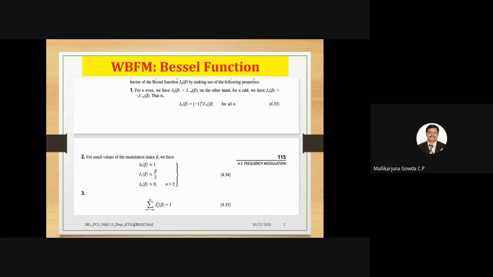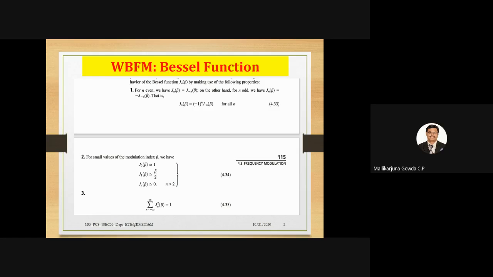When n is odd, we say Jn of beta is equal to minus J minus n of beta. Are you able to find the difference? Yes, able to find the difference. When n is odd, we say it is out of phase, right? Because it is minus J minus n of beta.